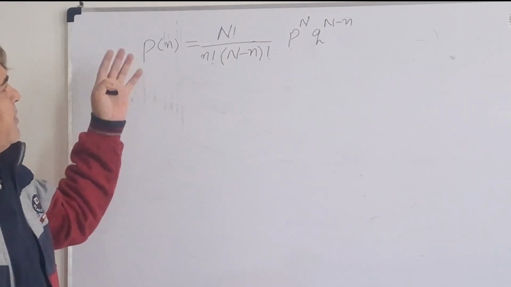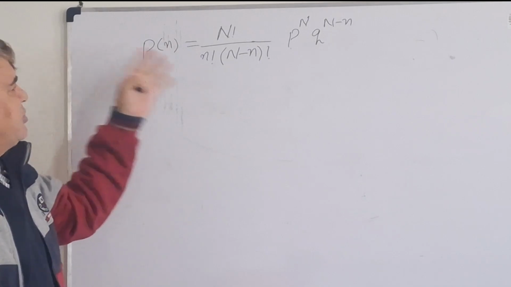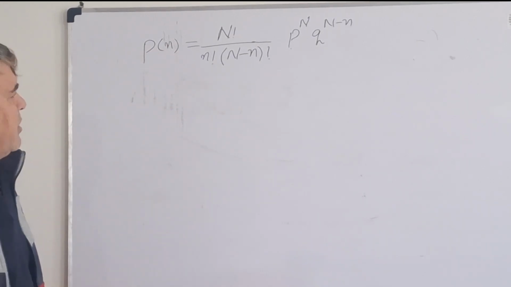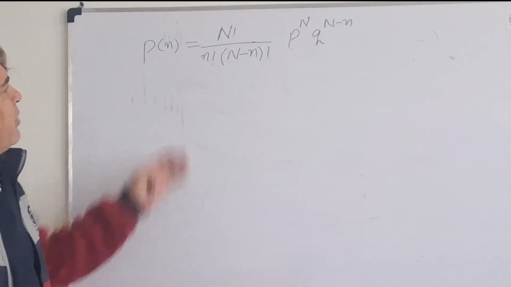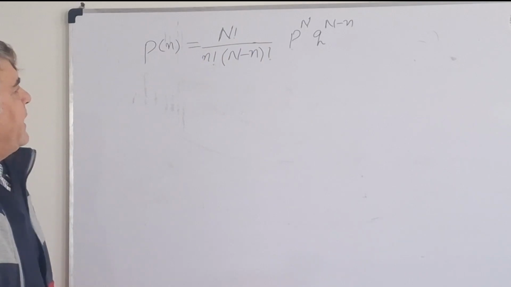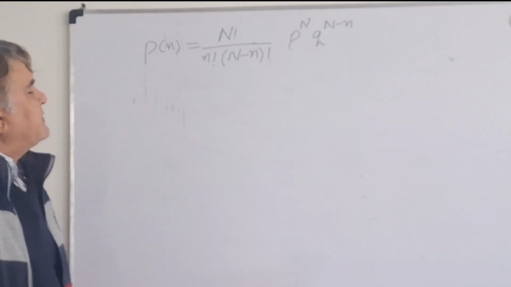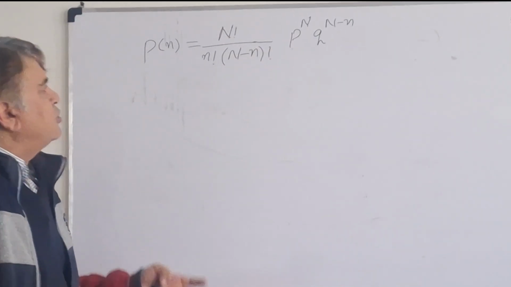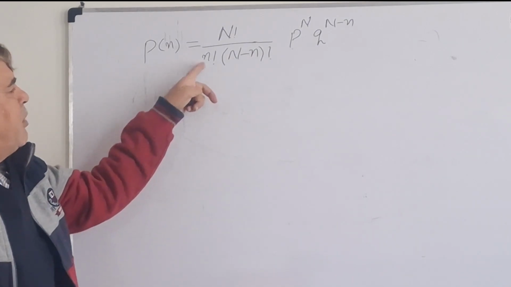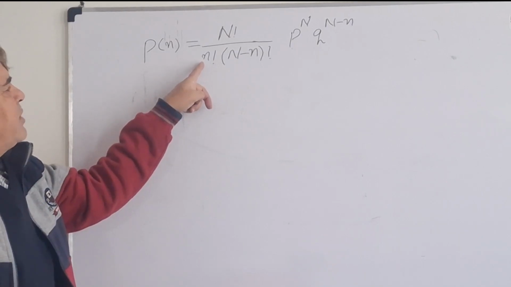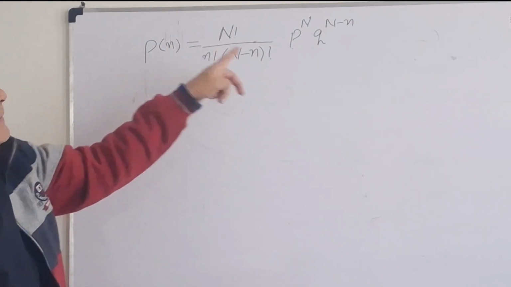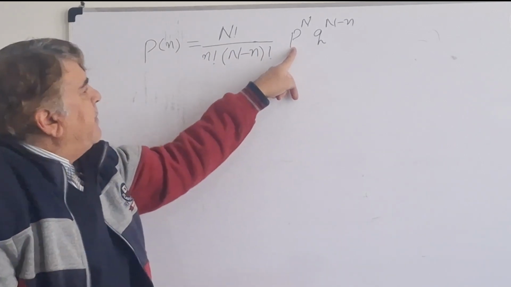I will not talk about the derivation or the presentation of this relation, but would just like to describe the terms appearing here. I would like to begin from the right side. Here, capital N is the total number of trials or the total number of inputs in a random process. Small n is the number of successes out of those total number of trials. p is the probability.